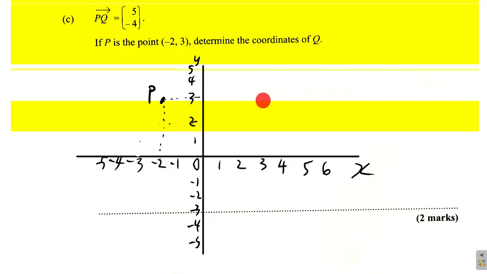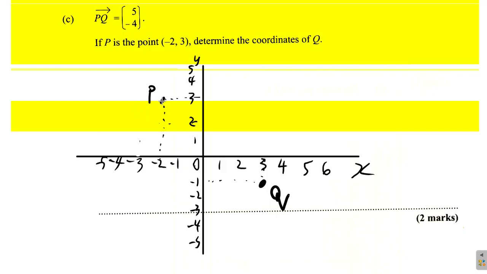And 4 down, 1, 2, 3, 4, to take us beside negative 1. So Q would be right here. So it's below 3 and beside negative 1. Alright? So this would be Q.